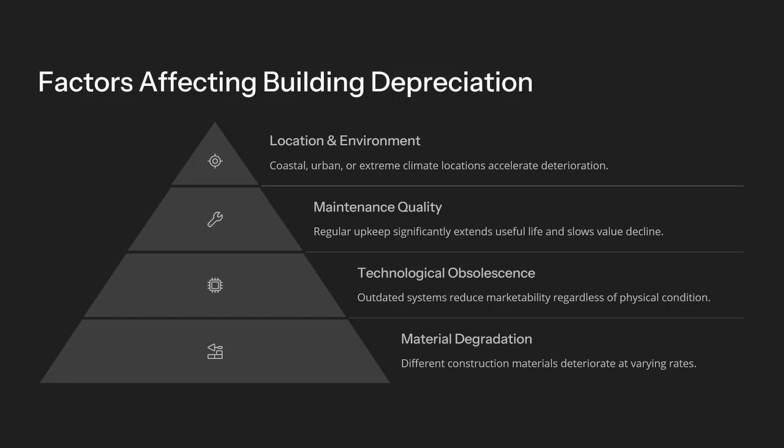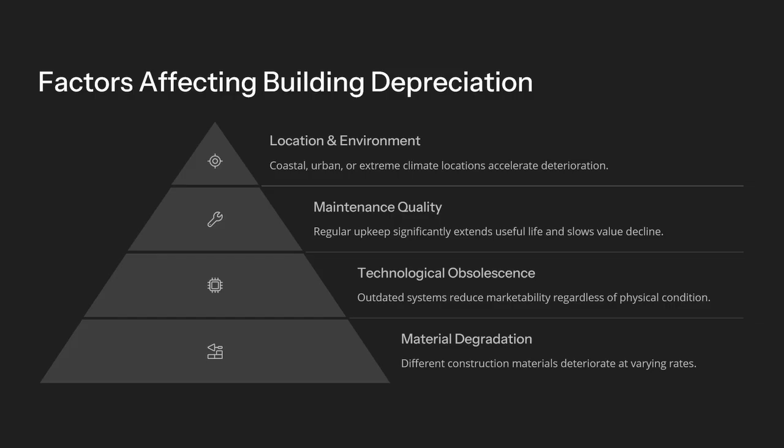live its life. Second thing is maintenance quality. If the building is regularly kept, this will significantly extend the useful life and slow the depreciation rate or slow the value decline thereby. Third thing is technological obsolescence. Outdated systems reduce marketability regardless of physical condition.